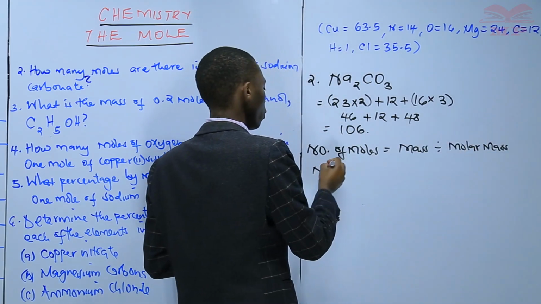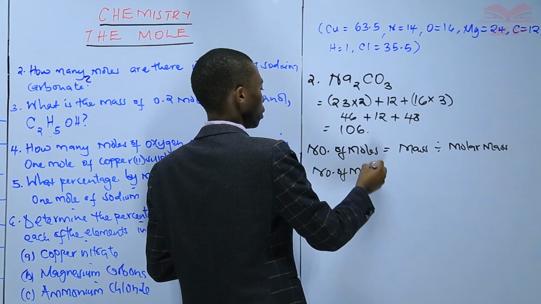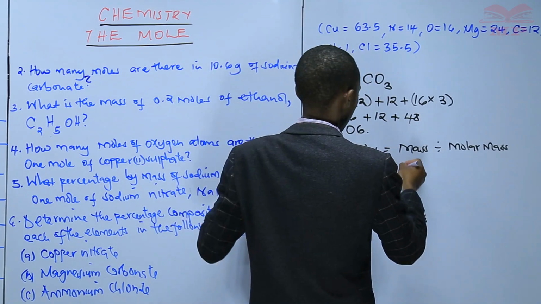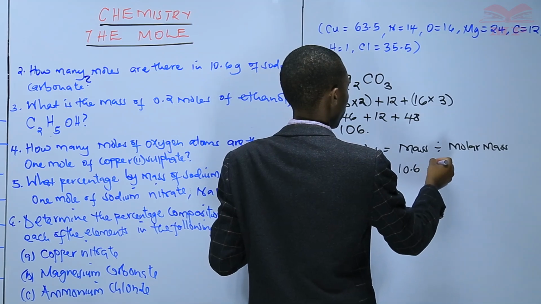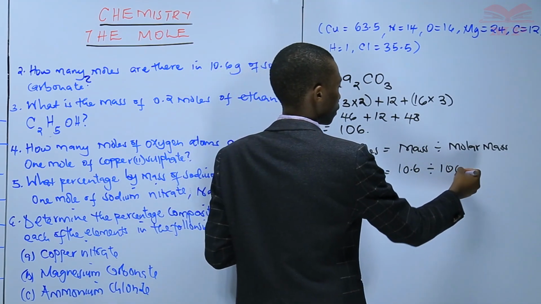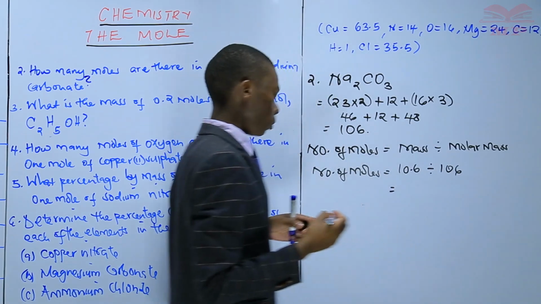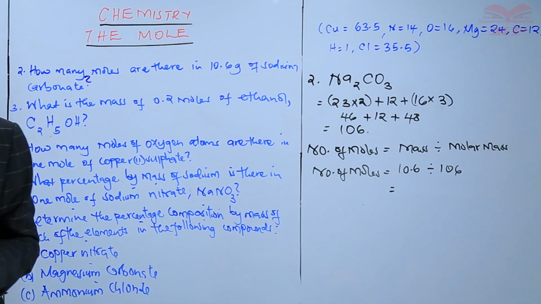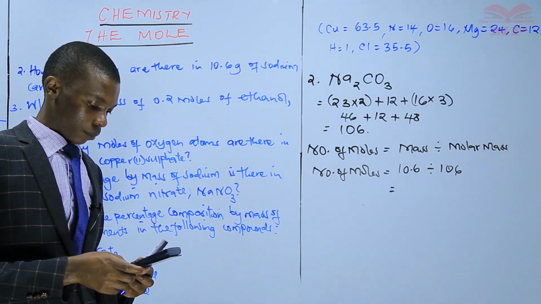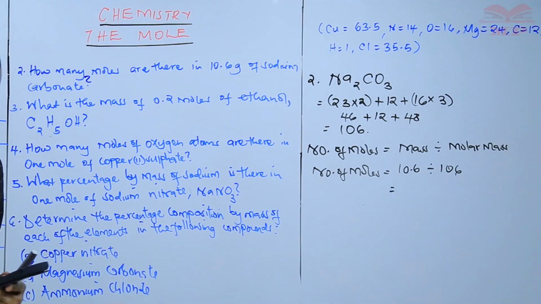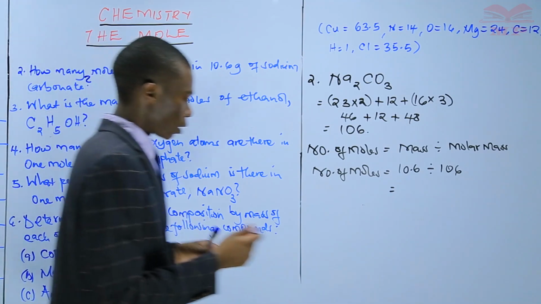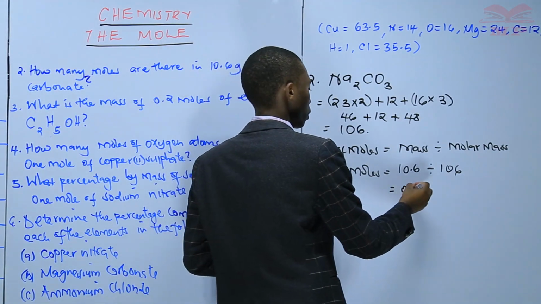Therefore, the number of moles: the mass is 10.6 grams, you divide by the relative formula mass, which is 106. This is 10.6 divided by 106. You get 0.1 moles.